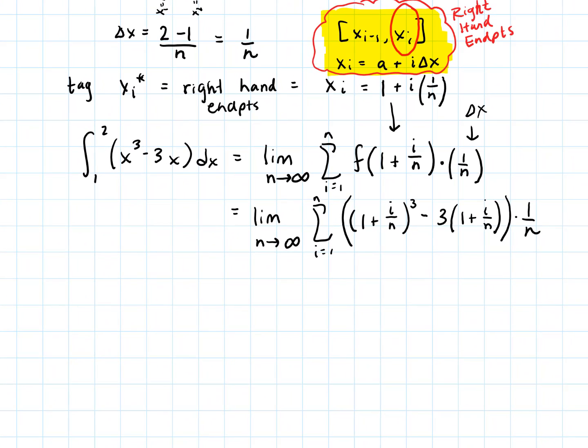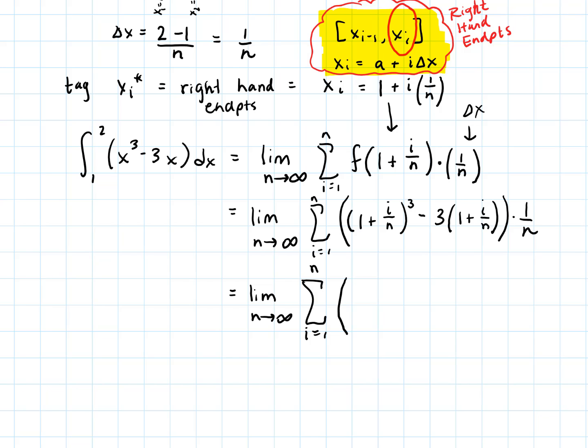Okay. Now let's finish out that expression. I'm going to cube that, distribute the 1 over n, and get this nice and cleaned up so that I can use my sum rules to actually evaluate this sum.